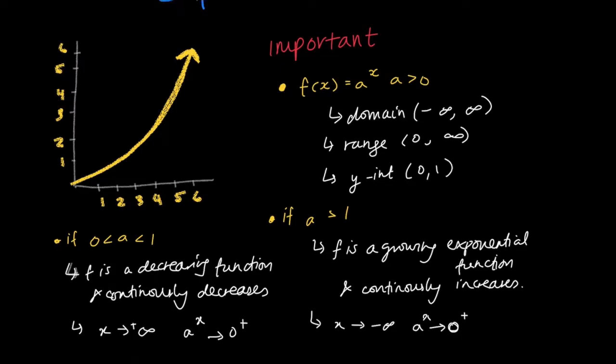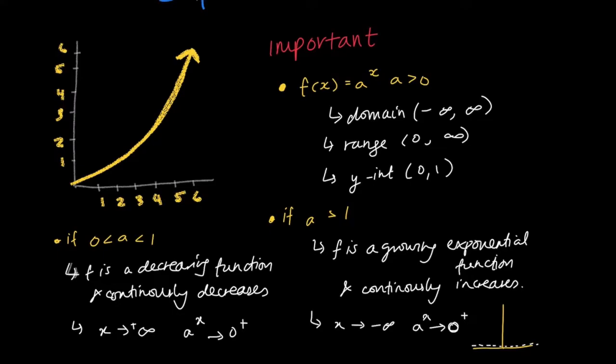So what that means is, let me draw a small little graph just here. This basically is saying that the exponential function will have a horizontal asymptote on the horizontal axis.